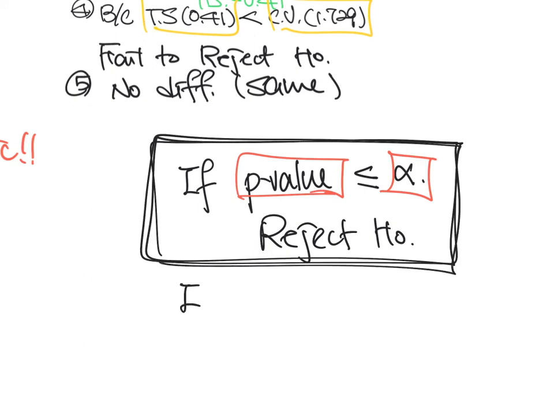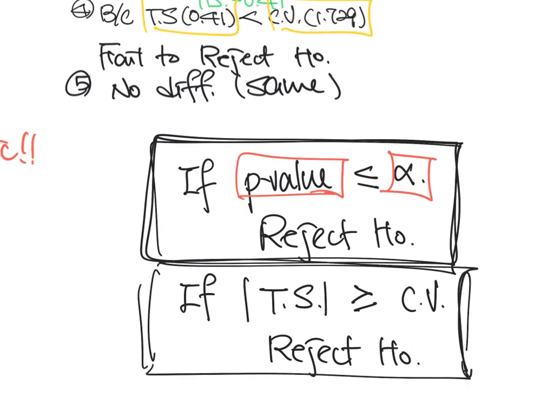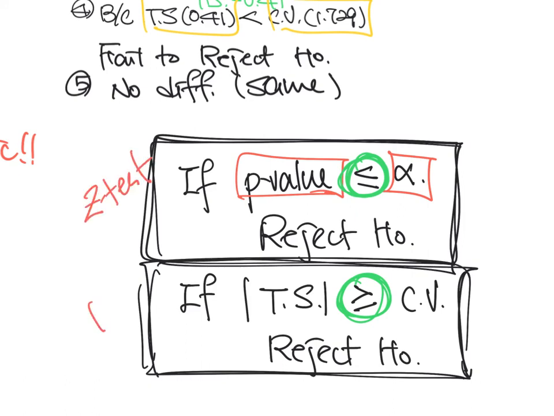But now we take the critical value from the t-table and compare it to the test statistic. In general, if the absolute value of the test statistic is bigger than or equal to the critical value, then reject the null hypothesis. It's another decision rule in the t-test. So be careful: the inequality was less than or equal to, but now it's bigger than or equal to. It's switched. So that was the z-test, and this is the t-test.